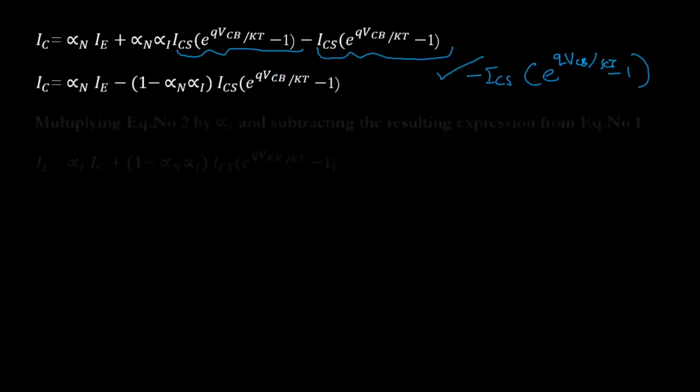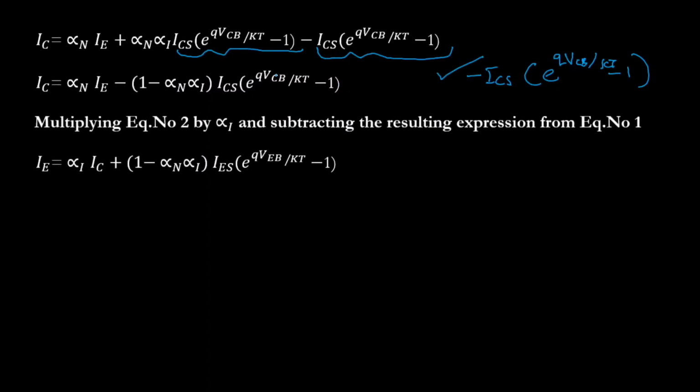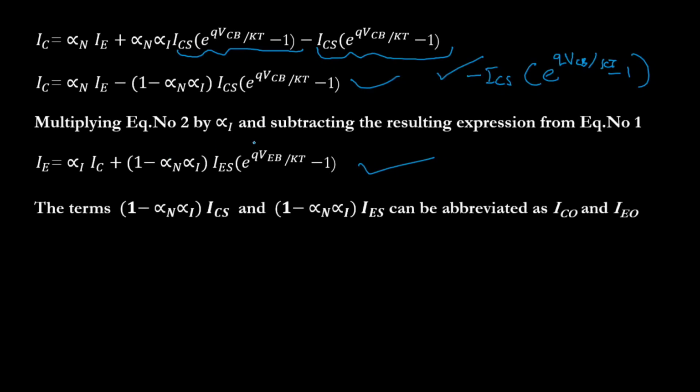Similarly, next I multiply equation number 2 by alpha I and subtract the resulting expression from 1. Finally I will get this. So I got two expressions, and again I am going to simplify the terms.